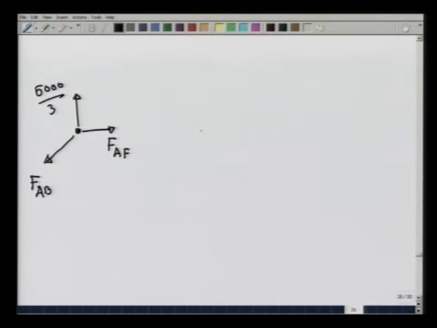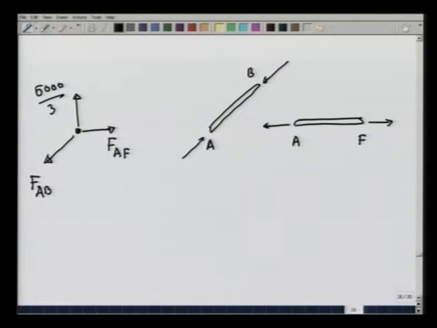Obviously, the force on member AB due to the pin, therefore, would be in this direction. So, this is a compressive force, and the force on AF would be in this direction, and this will be a tensile force. So, the member AB is under a compressive force and member AF is under a tensile force.